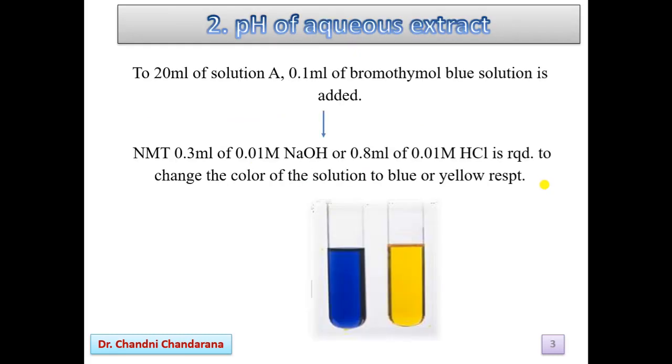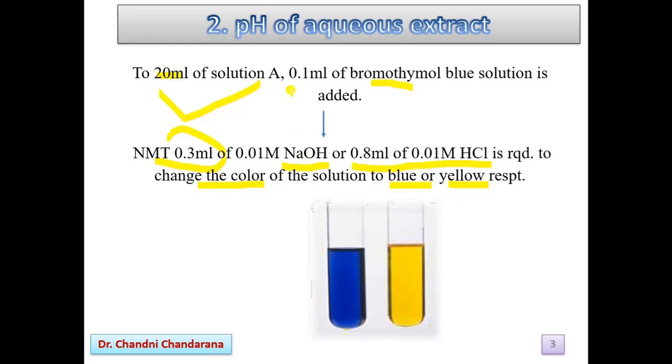Then we can say that this test is passed for closures. Now the next test is pH of aqueous extract. For that also we use solution A, and we take 20 ml of solution A. In that we add 0.1 ml of bromothymol blue solution, and we take not more than 0.3 ml of 0.01 molar sodium hydroxide or 0.8 ml of 0.01 molar HCl, to change the color of the solution to blue or yellow respectively.